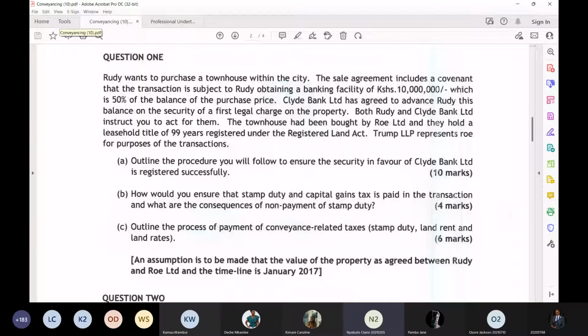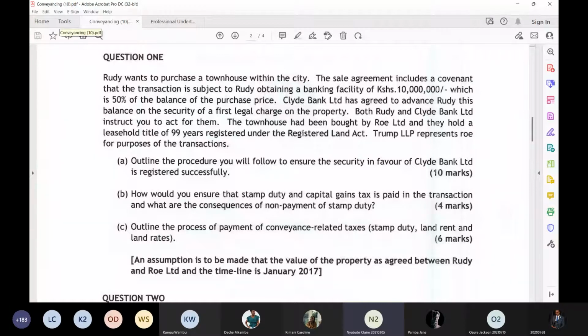So I suppose this was before the migration of titles, whereby when you're talking about townhouses and buildings divided into units, there was a head lease. So the individual holders of the townhouses and the units of the building didn't necessarily have a certificate of title or certificate of lease for that matter.